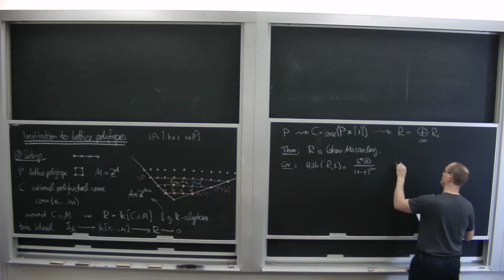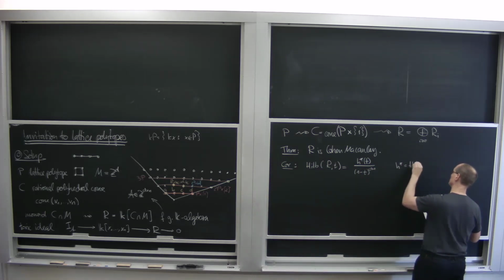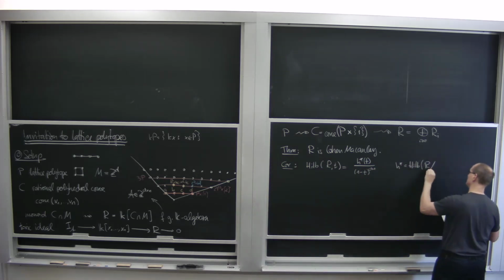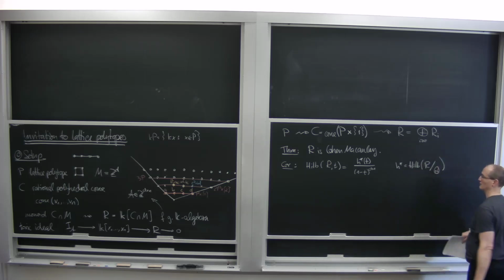And h star really is the Hilbert function after we've divided out the regular sequence. And these are more problems.